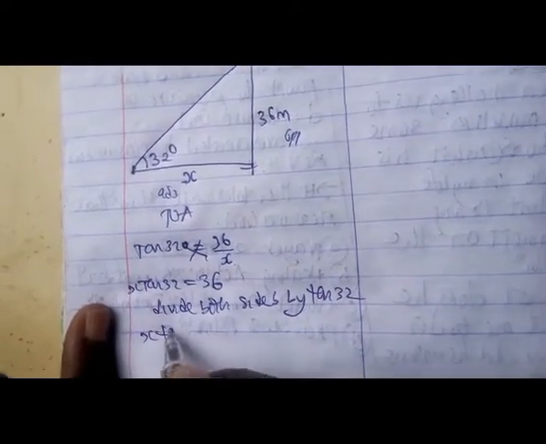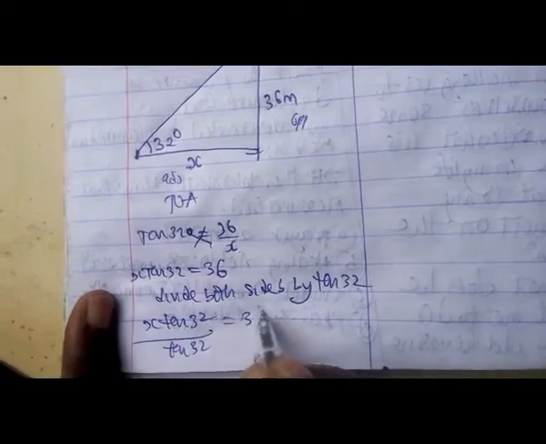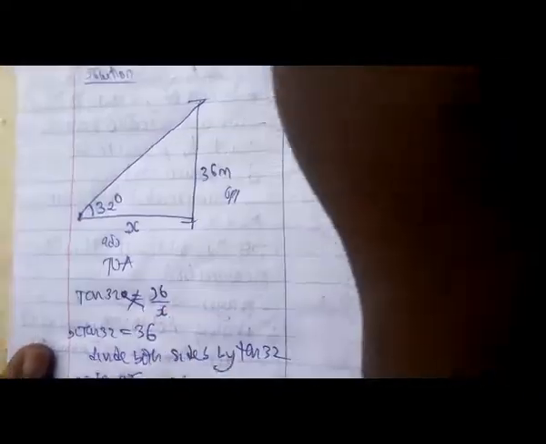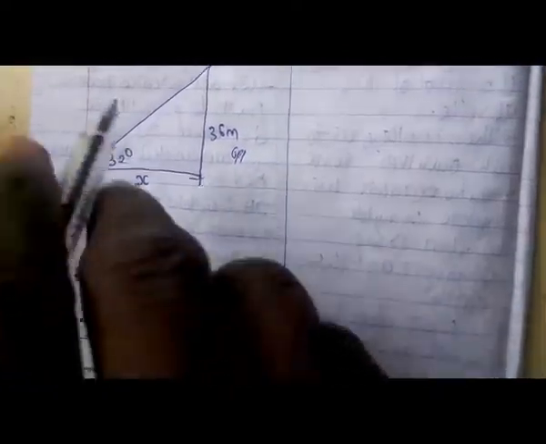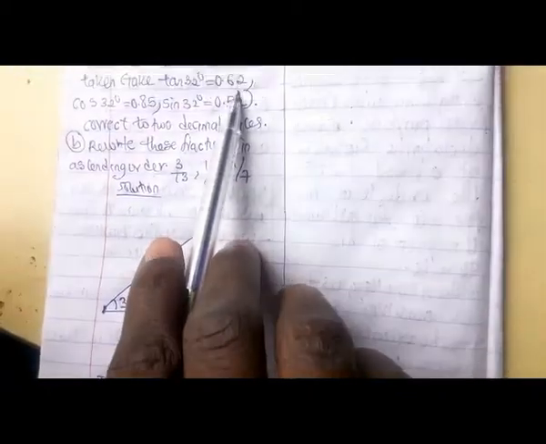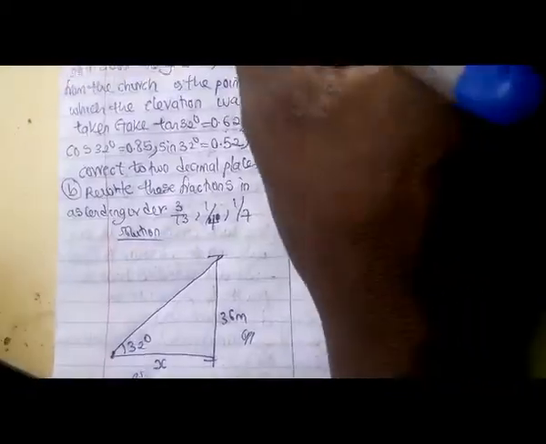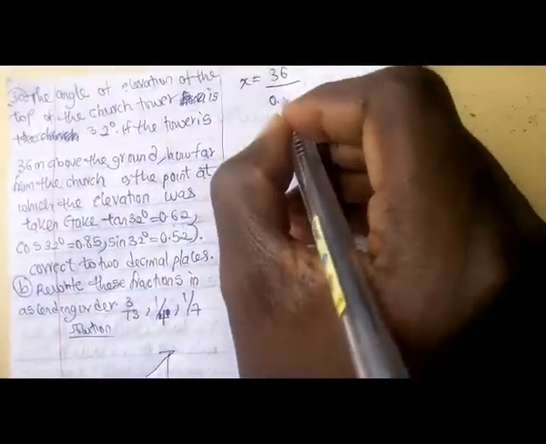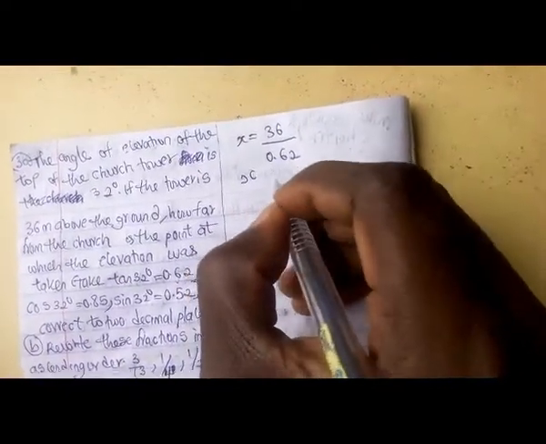So x tan 32 over tan 32 equals 36 over tan 32. Tan 32 cancels tan 32. So tan 32 was given in our question as 0.62. So we are going to use 0.62. So x now equals 36 over tan 32, which is 0.62.